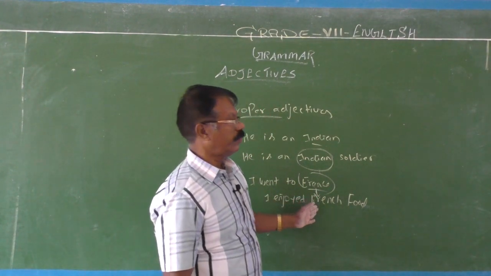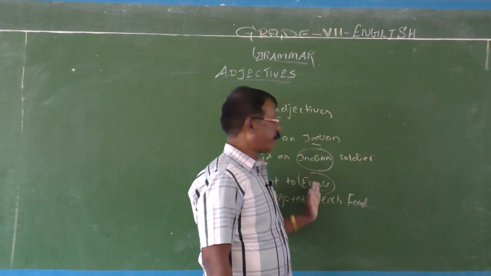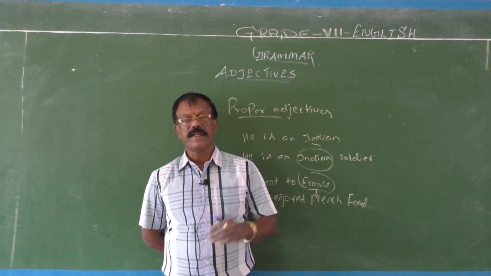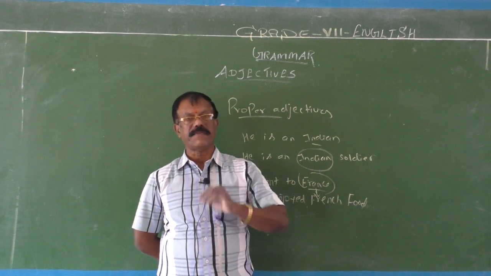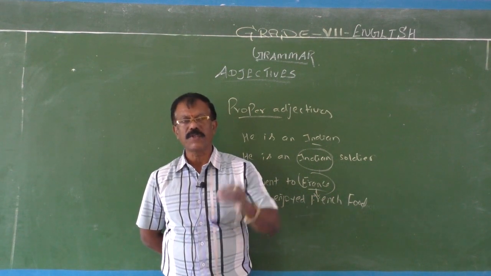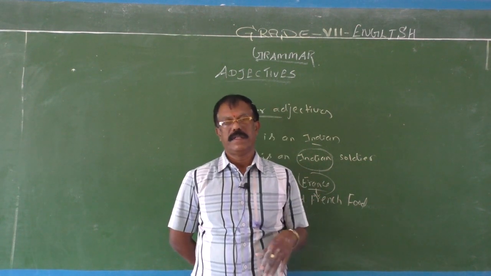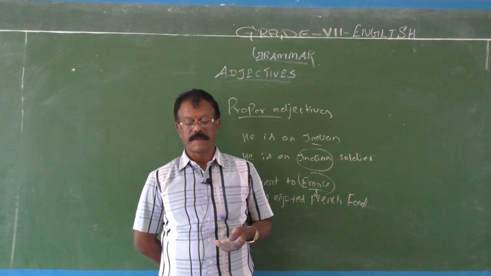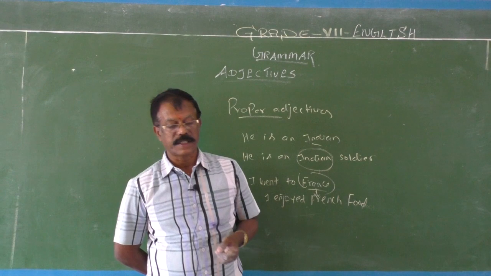So this adjective is derived from the proper noun France. In this way, when some proper nouns are used as an adjective to describe the noun that comes after, or to identify some nouns, they are called proper adjectives.